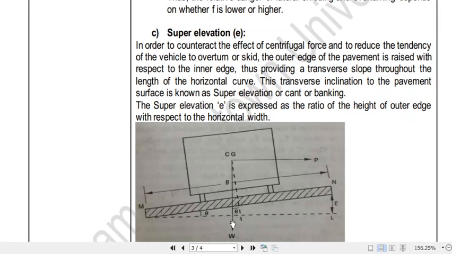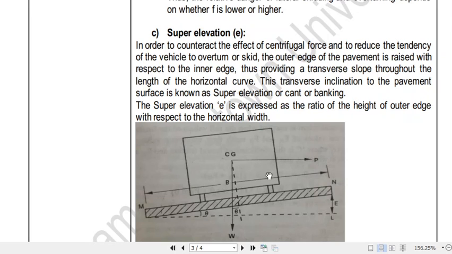This is very important: the maximum value of the super elevation which can be provided is 0.07 in normal condition. Therefore the value of theta is practically equal to sin theta.